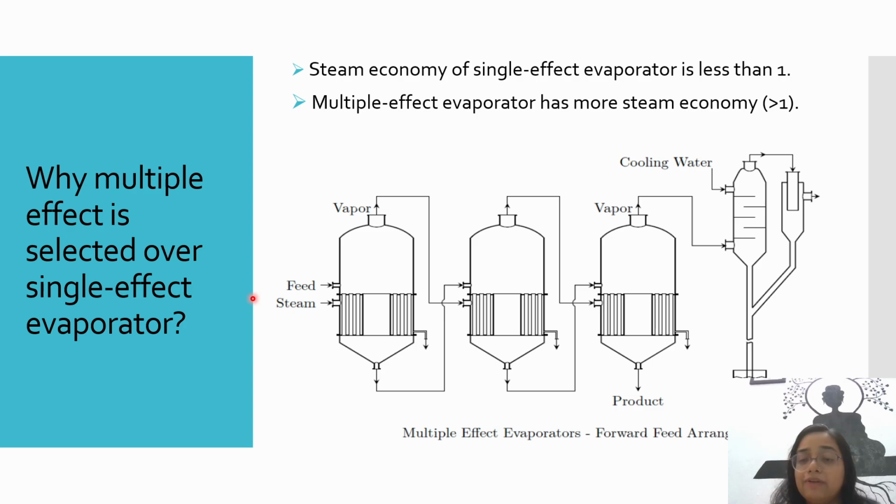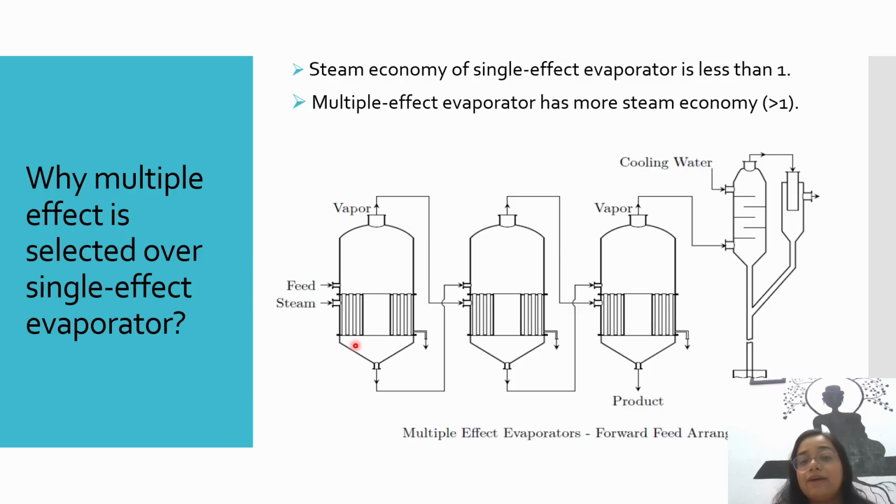We know steam economy is the ratio of the amount of water vapor produced to the kg of steam consumed. Suppose we have fed 1 kg of steam, but if we collect the cumulative water vapor produced, that value will be much higher than the given steam feed.